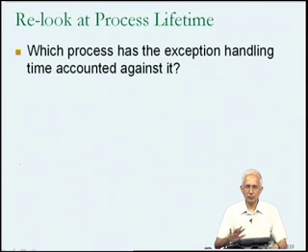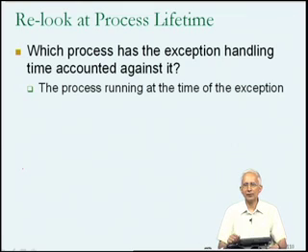So let me just go into the nature of the answer to this question on typical systems, and then suggest what the ramifications are. The question is this: when an exception occurs and the exception handler, which is part of the operating system, has to be executed, which process has the exception handling time accounted against it?